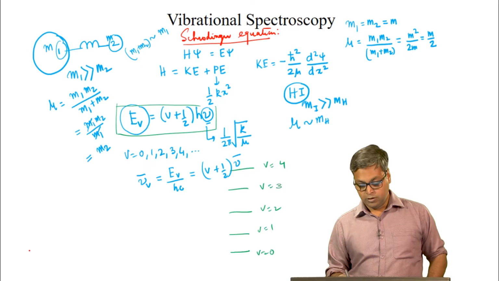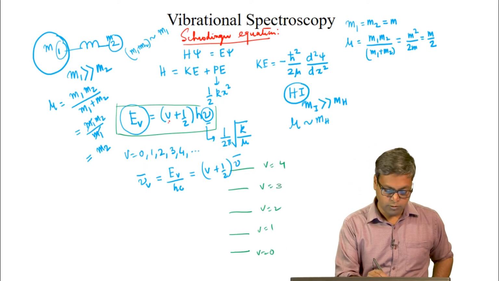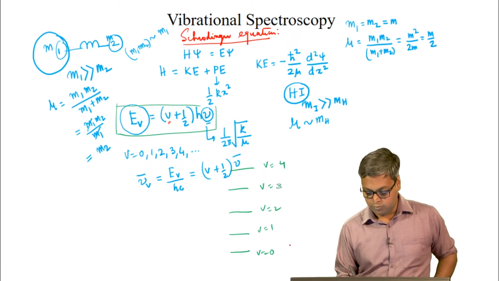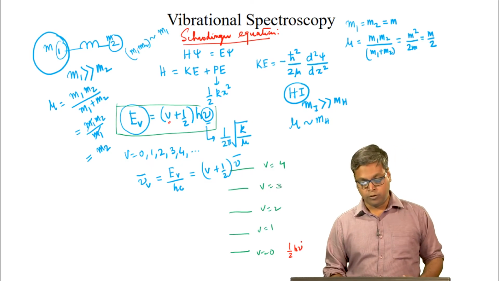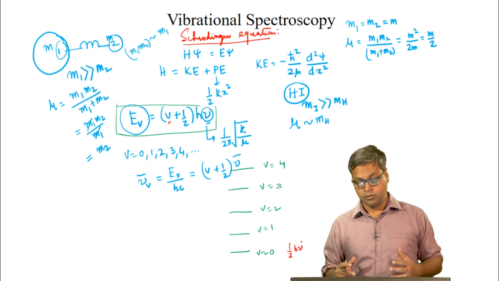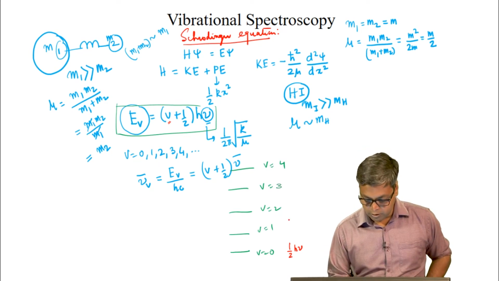The energy for V equals 0 is, we have to put 0 in this expression. So, what we get is half h nu, that is in joules. If you had put in wave numbers, we would get nu bar by 2. So, for V equals 1, we get 3 by 2 h nu.